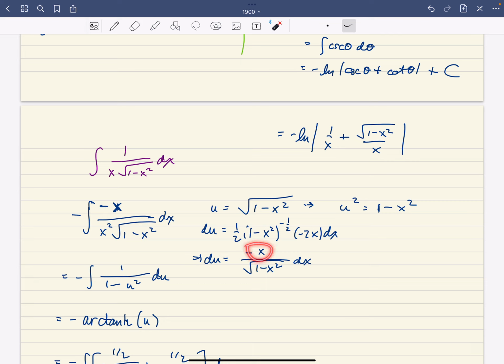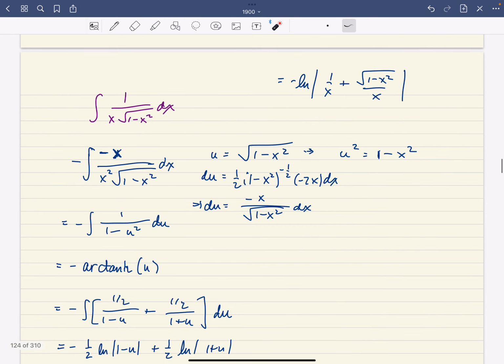We don't have a minus x, so what we can do is put a minus x there at the cost of balancing everything. So we have to put another x in the bottom, and we have to put a negative out front, and then this will give us negative integral 1 over 1 minus u squared, and that's either the integral of arc hyperbolic tangent, or you can do a partial fraction decomposition.